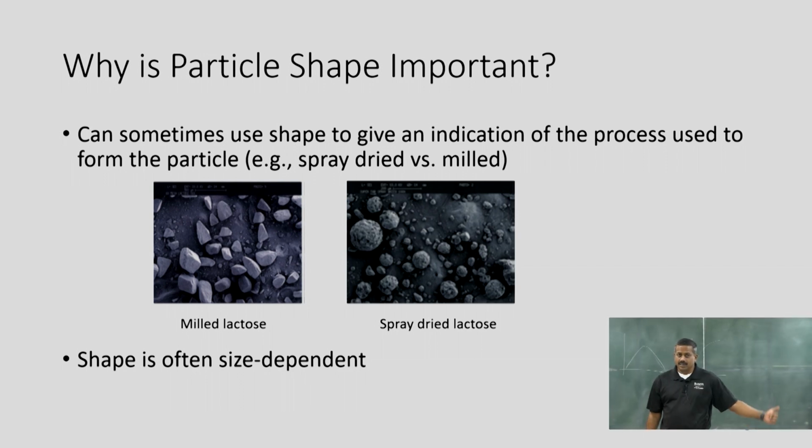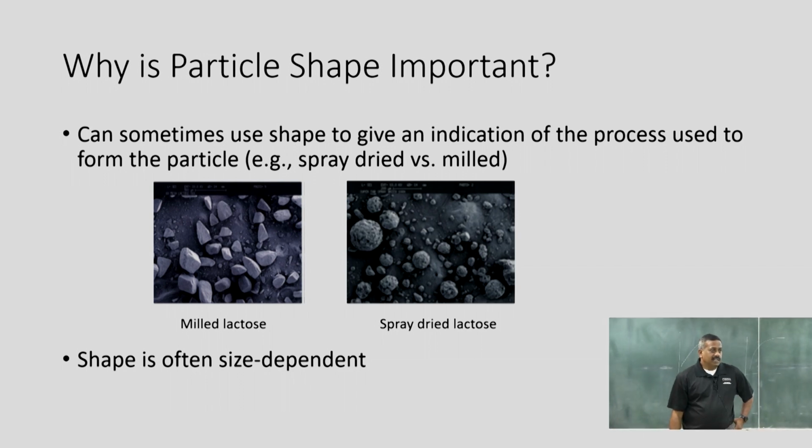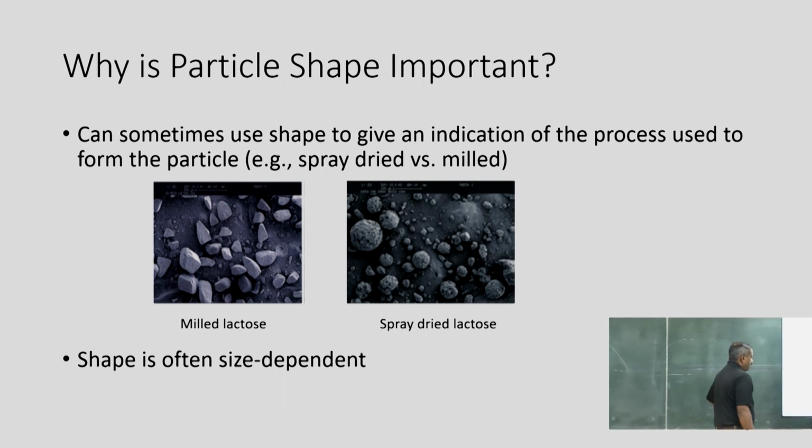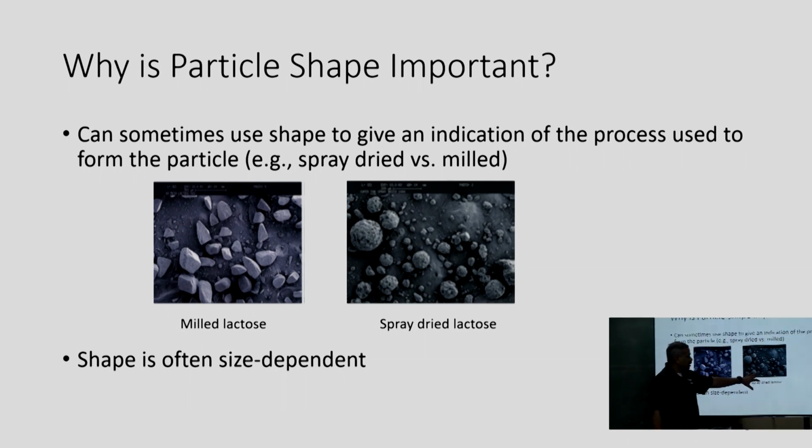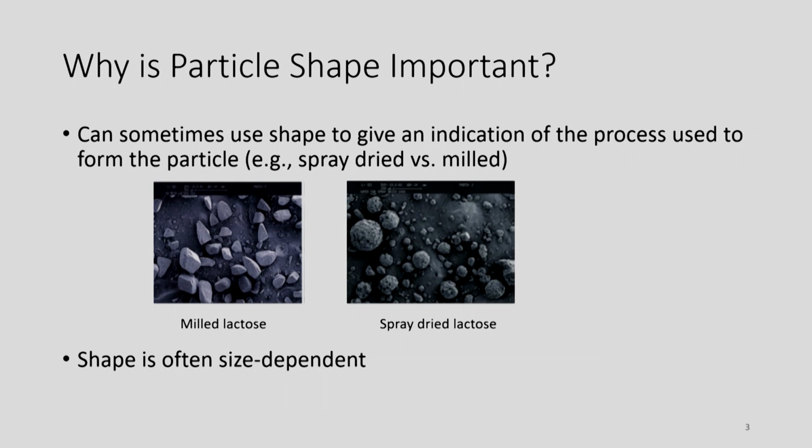Again, this is a milled lactose sample. If you use a hammer mill, then the shape will be different than a spray dried lactose powder. Spray drying often gives spherical agglomerates, but if you are using a hammer mill or other types of milling, you get high aspect ratio particles.